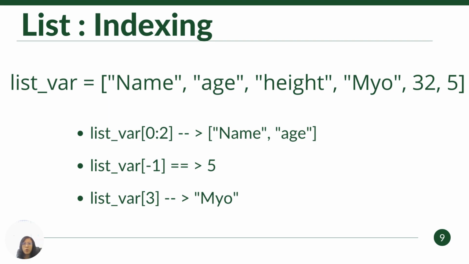Okay. list_variable[0:2] will give you the first element and second element. Remember, the ending index is always the last index plus 1. All right. Or you can use a negative index, list_variable[-1] will give you 5.